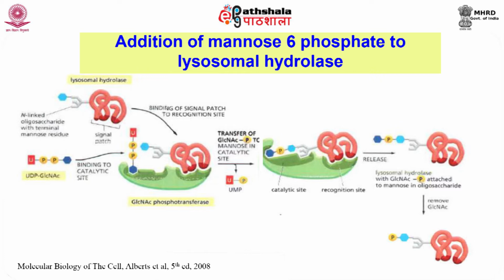Then the lysosomal hydrolase with N-acetyl glucosamine phosphate is released from the enzyme. The second enzyme, that is N-acetyl glucosamine phosphoglycosidase, cleaves off the N-acetyl glucosamine residue and mannose 6-phosphate is created.